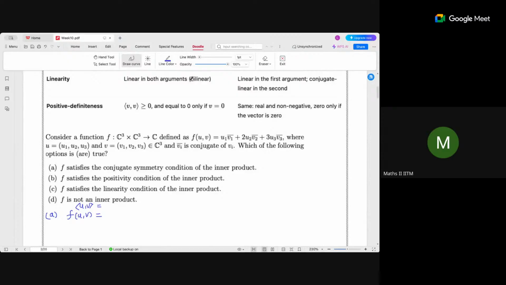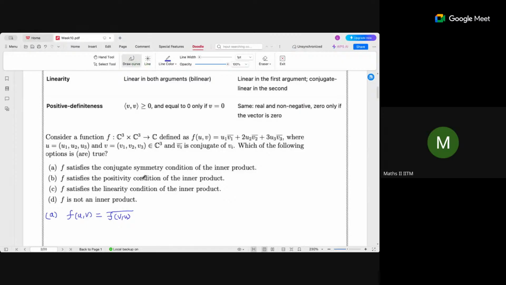So just replace the inner product with f and tell me what you should have for conjugate symmetry. It's okay even if it's wrong, just try. So f of u comma v should equal the conjugate of f of v comma u. This is the conjugate symmetry of f, and we want to see whether it is true or not.